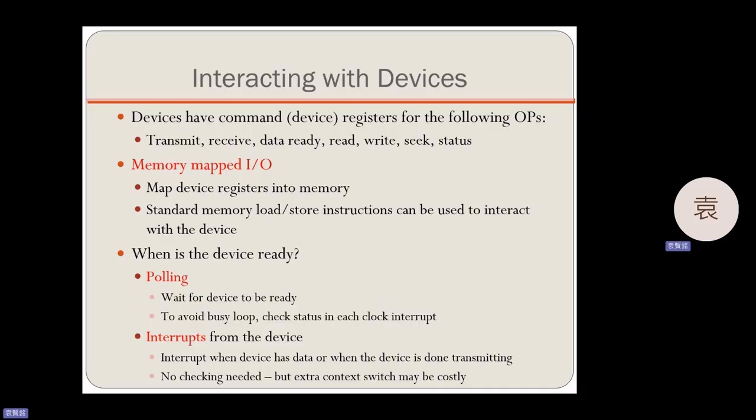One is polling. Periodically the CPU checks the status of the device from the device register. If it becomes ready, then it can send a request to the device to ask it to do some subsequent operations.